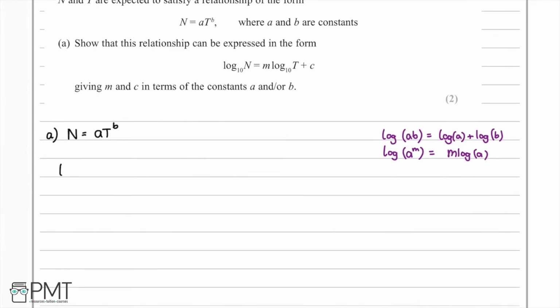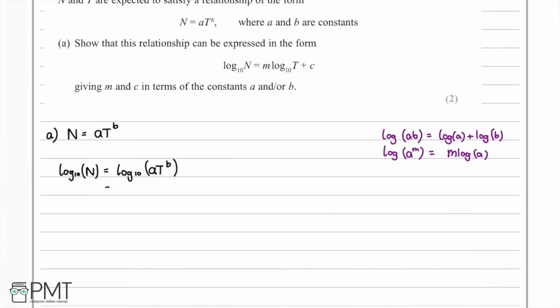So we'll therefore have log10 of n is going to be equal to log10 of this side of the equation also, so that'll be equal to log10 of a t to the power of b. What we can now do is split this up using our log laws. Over here we recall that log of ab is going to be equal to log of a plus log of b. So we'll do that for the next step.